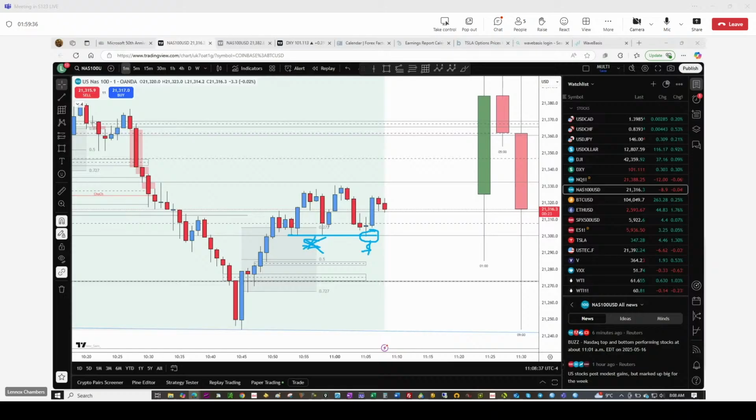What is the spread you get on Bitcoin? I'm sorry? What is the spread your broker gives you on Bitcoin? Oh, I get about 20 pips, 18 to 20 pips. Okay. On Axie. That is nice. I think I'm at 33.